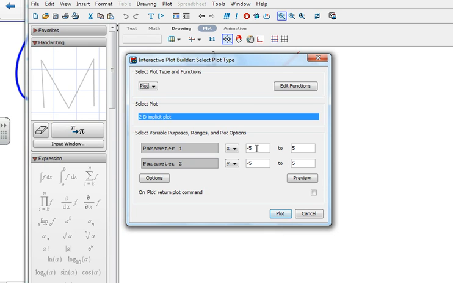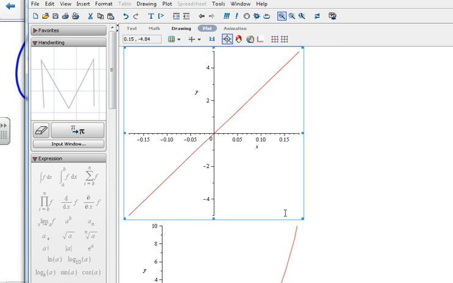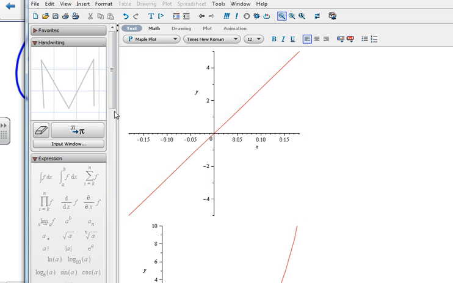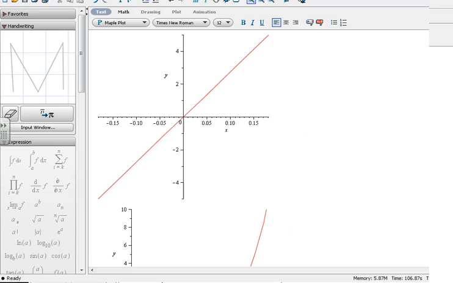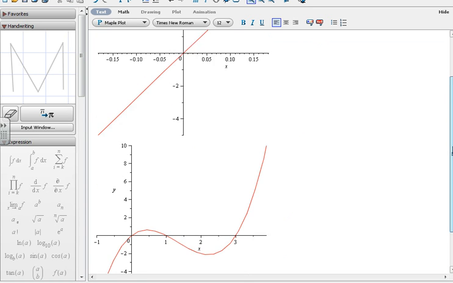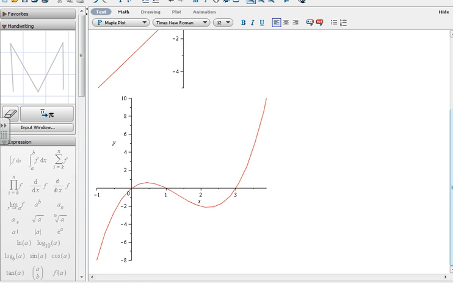We're going to go from minus 1 to 5. And how high should we go? Plus or minus 10? We'll go plus or minus 10. That should be funny. Plot. Come on, not coming down. All right, so that's exactly what I said it was.